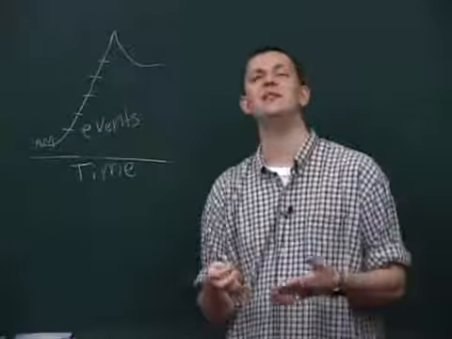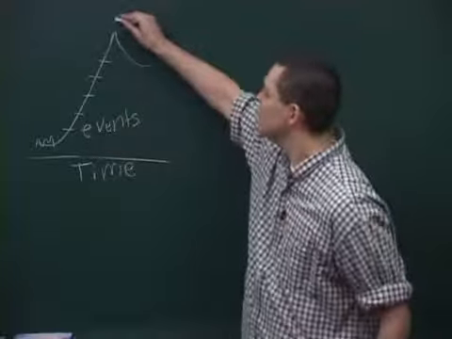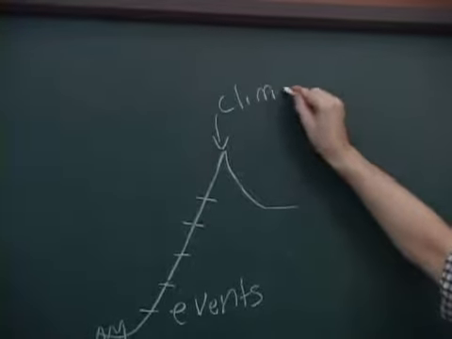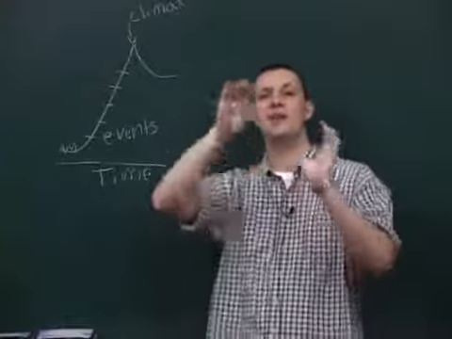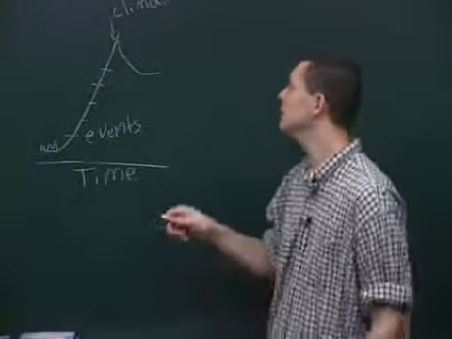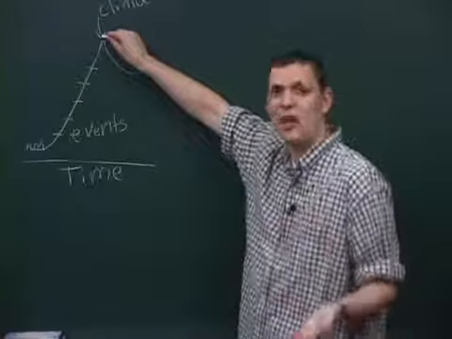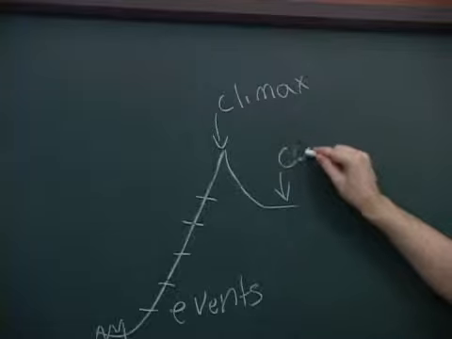Things keep getting either more exciting or more intense as it reaches towards a climax. So the climax is where something gets very, very intense, the most intense part of the story. And then the climax or the conflict is resolved, and we can move into the conclusion.